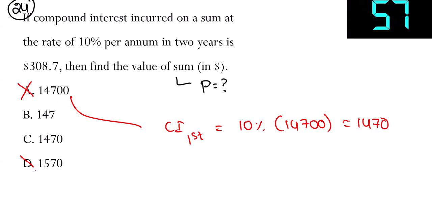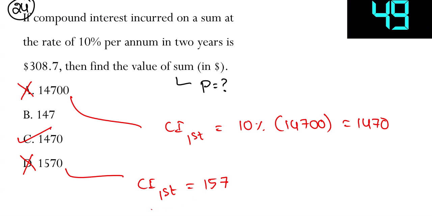Wrong. This is eliminated. Option C, I can say. Why this is eliminated: compound interest for first year is 157. Second year will be definitely greater than 157. Adding will get greater than 314. I don't want more than 314. I want 308 only. Eliminated.